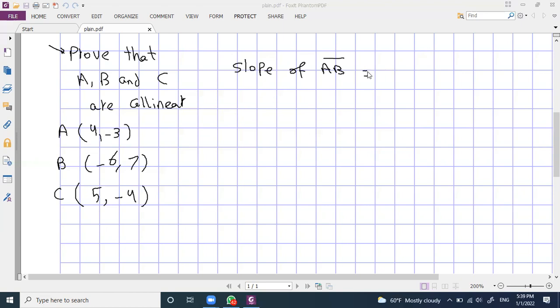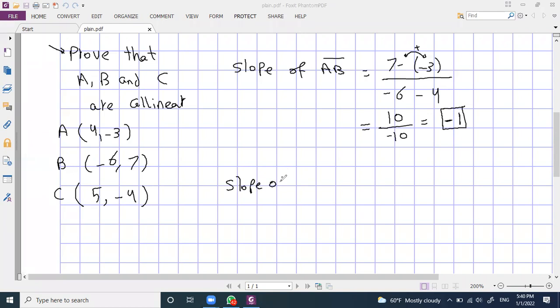That's right. 7 minus negative 3 over negative 6 minus 4. Negative after negative is positive. So it's 10 over negative 10. It's going to be minus 1.